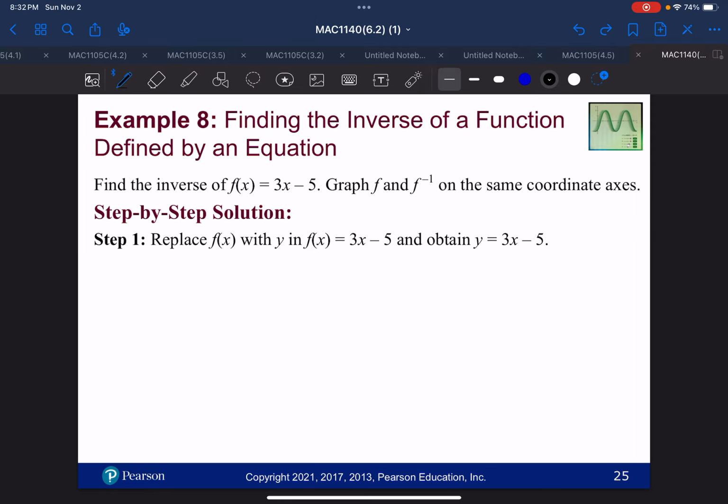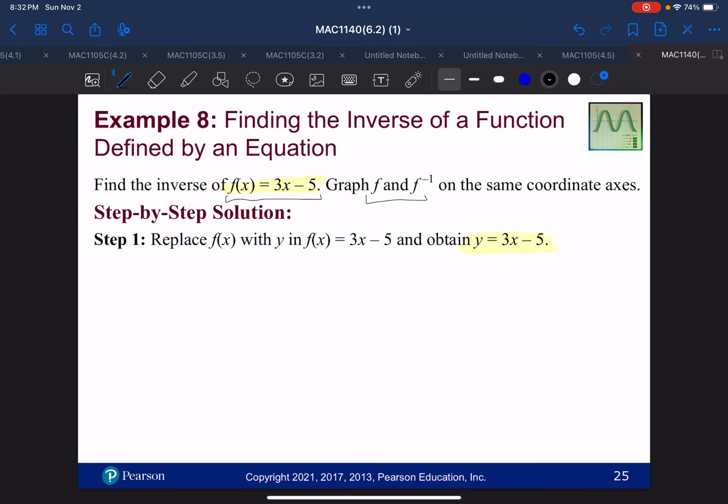For example, it wants us to find the inverse of f of x is equal to 3x minus 5, and then graph the original function and the inverse on the same coordinate axis. So again, the first thing, since they are saying f of x is equal to this, I can replace f of x with y to obtain y equals 3x minus 5.